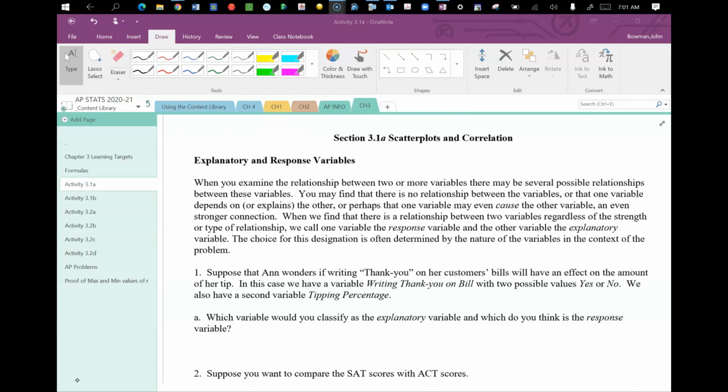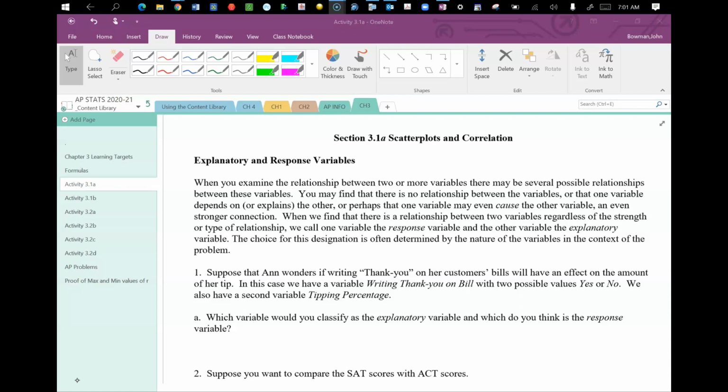The first thing that gets covered in activity 3.1a is the idea of an explanatory and a response variable. And I want to be clear here that this is not the same idea as in an experiment. In an experiment, we are trying to establish a cause and effect relationship, the explanatory variable being the cause for what happens with the response variable.